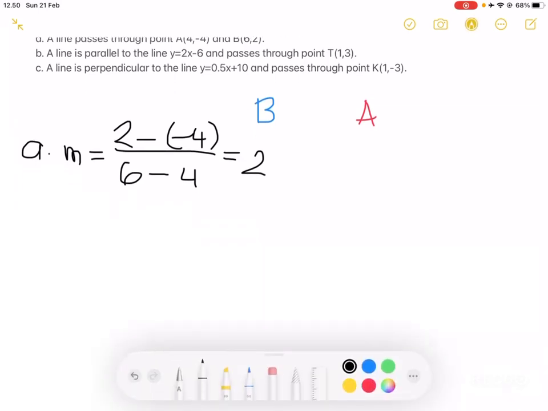And the equation is also not that bad, because remember our point-slope formula is something like y equals mx plus b. M is the gradient, which in this case is 2, and b is the y-intercept that we need to find.